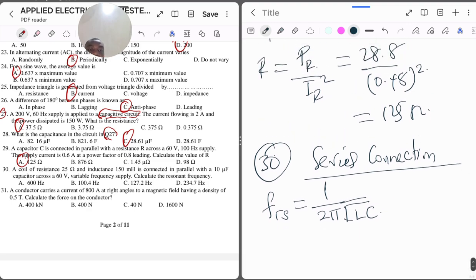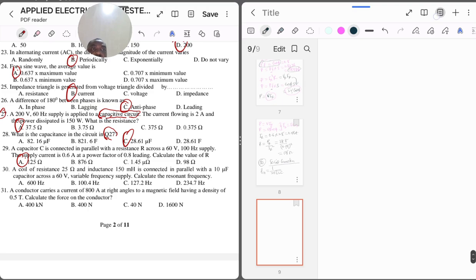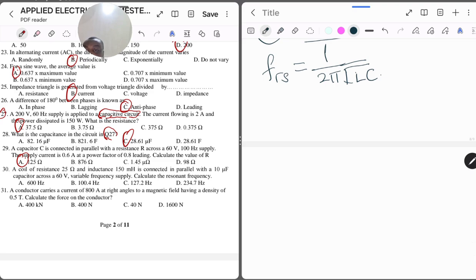Now if you have parallel connection, especially this kind of parallel connection, you have a coil, which is a resistance in series with the inductance.